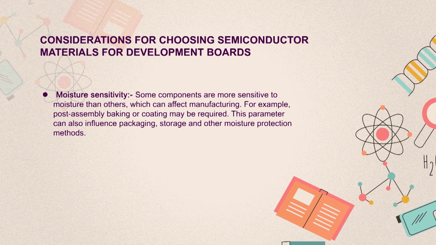So for the semiconductor material which is to be selected, its sensitivity towards moisture should be known. For example, post assembly baking or coating may be required. This parameter can also influence packaging, storage and other moisture protection methods. So moisture sensitivity is another factor on which the material selection depends.